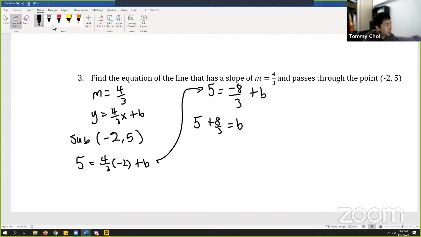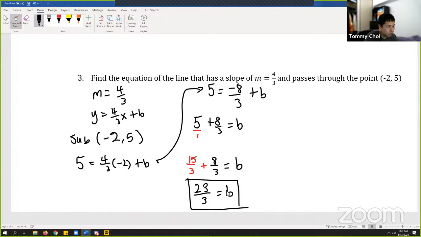I cannot add these fractions together, so I will change the 5, which is technically over 1, into 15/3, plus 8/3, because I need a common denominator. 15 plus 8 will give me 23/3 is equal to b, which cannot be simplified. So my final equation, y is equal to 4/3 x plus 23/3.